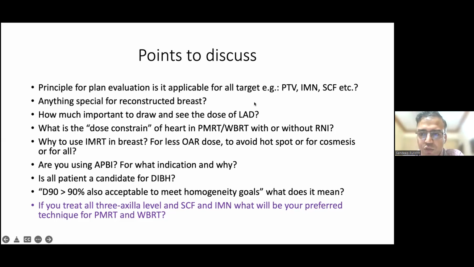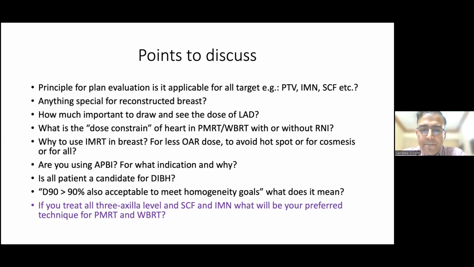Sir, in patients who have not had a complete axillary lymph node dissection, less than 10 nodes, I think we need to see, as per the MA.20 protocol and as per the ASTRO guidelines in 2016, sir, if it is inadequate lymph node dissection, we should include the regional lymph nodes, all of them, axillary as well as internal mammary and SCF. Yes, in our institute also, sir, we follow the same protocol.